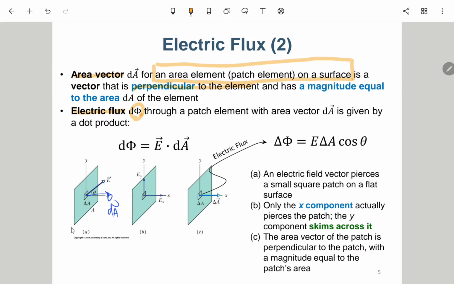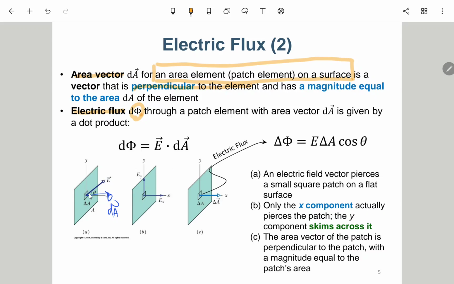Suppose we have an element which is part of a surface, and for this element we can calculate the electric flux. Suppose E is pointing in a certain direction, and then we have dA.